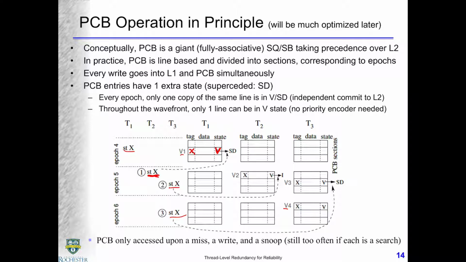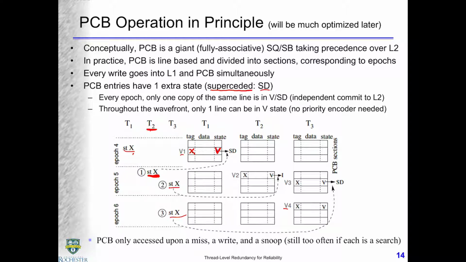So when T2 issues the store, okay, it needs to first obtain the exclusive state and then invalidate T1's copy, right? And we have to do the same to PCB. There is only one exception, that we added a state. I call this the superseded state, or SD.